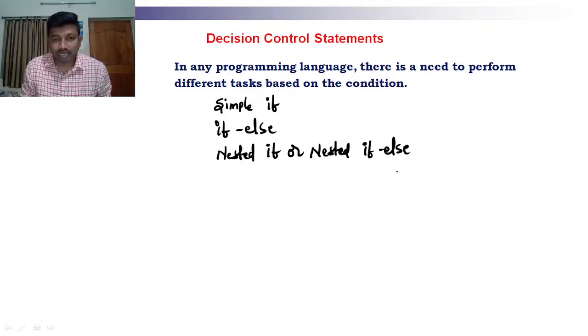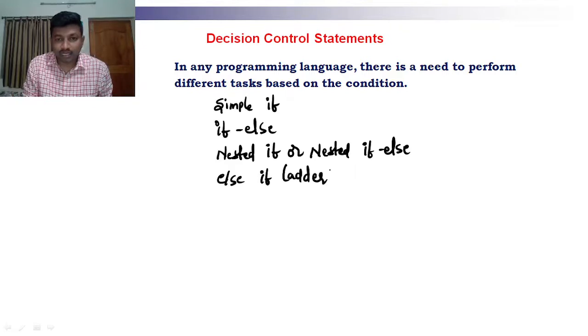If you have not gone through the previous tutorial, I request you to please go through it to understand the general syntax of these statements. And the last one is the else if ladder.